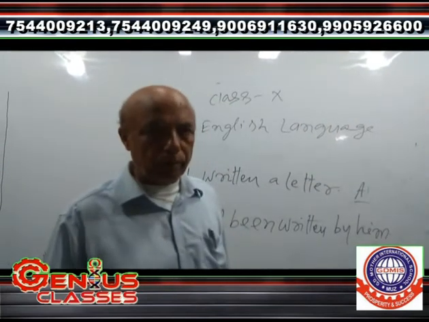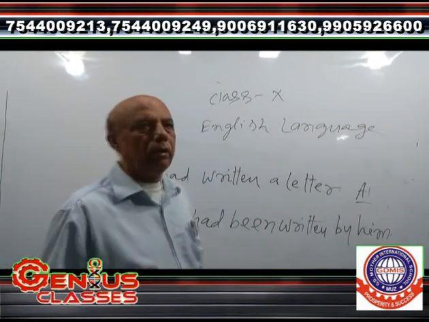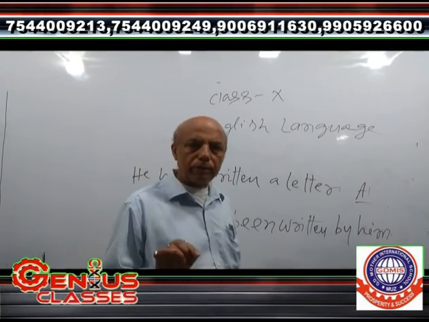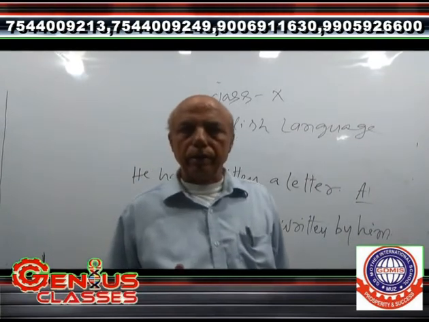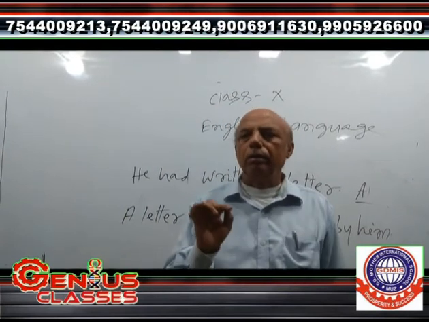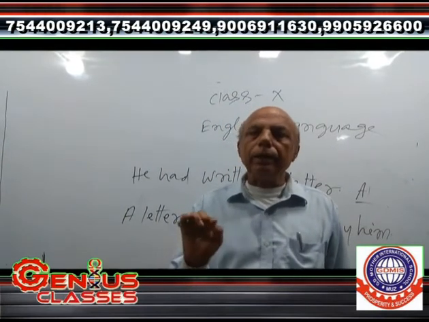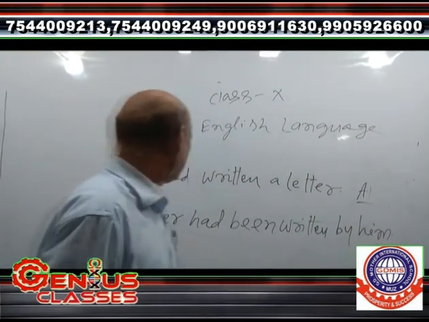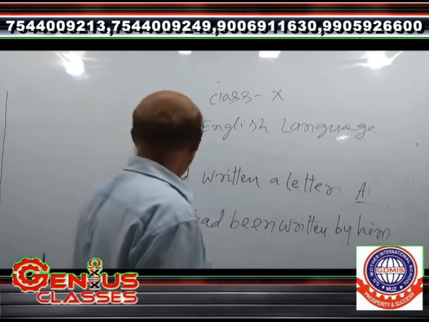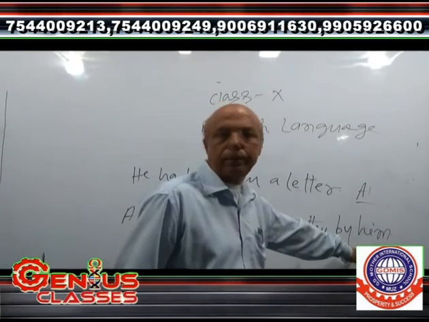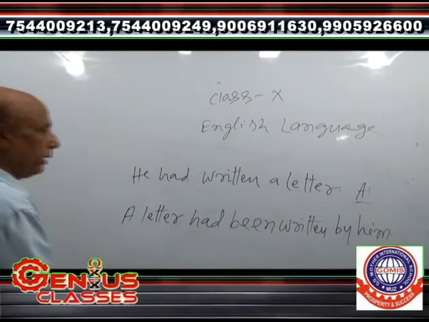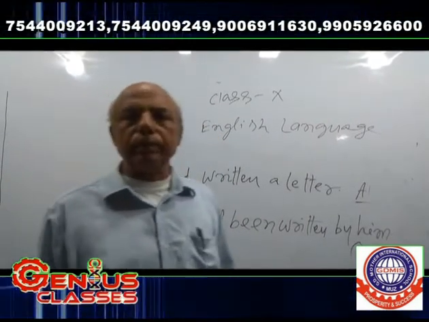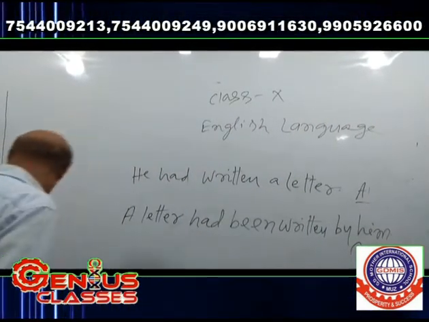So it should be in our mind that in past continuous, being is applied in course of changing from active into passive, and in past perfect, been is applied. Here, he had written a letter. A letter had been written by him. It is in active voice and it has been changed into passive. It has become passive.